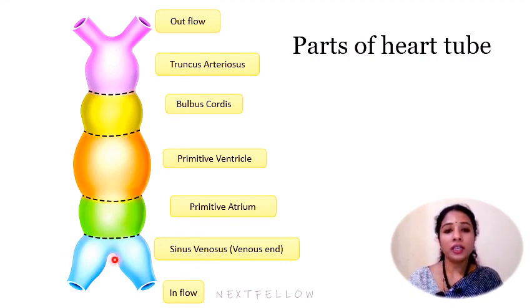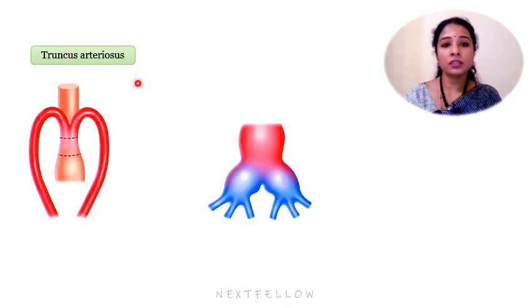Next, about the sinus venosus. The sinus venosus is the venous end containing 2 horns, and each horn receives the umbilical vein, vitelline vein and common cardinal veins. Next, regarding the truncus arteriosus, we are going to discuss the arterial end and the venous end.